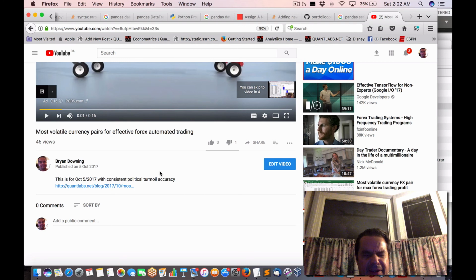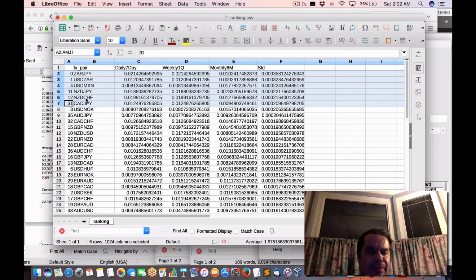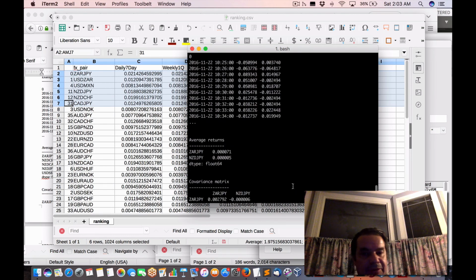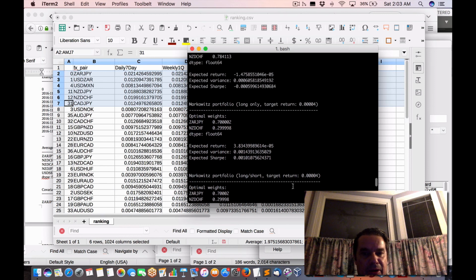Continuing from this point, what I've calculated, and I talked about it in that video, is an analysis on, let's say, the top 5 most volatile currencies. I did a bunch of tests with a Python script that does exactly portfolio optimization, which I highlighted quite a while ago.